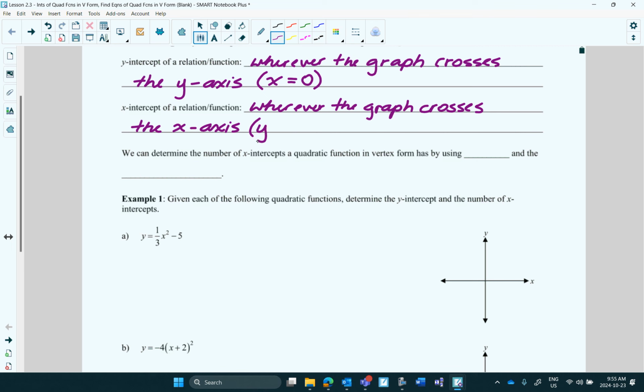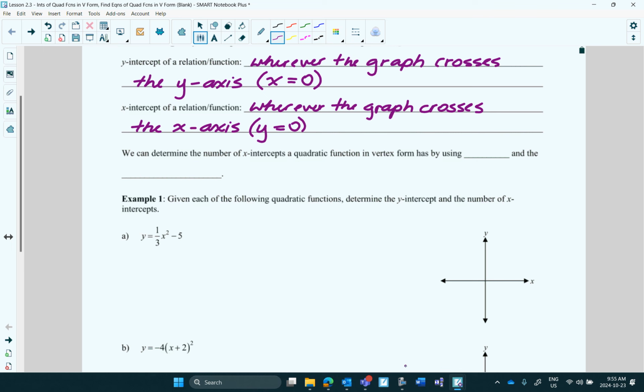Y is 0. Now, we're not actually going to find x-intercepts just yet. We can calculate the y-intercept, but the x-intercept, for the time being, I only want to know how many there are, because now that we've got parabolas, there could be more than one x-intercept, because it could go through the x-axis at more than one point.